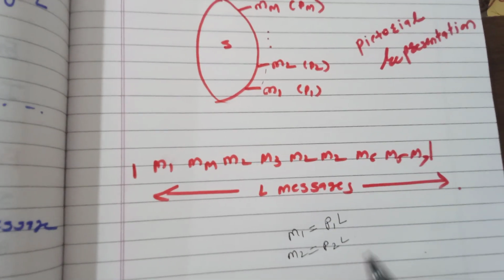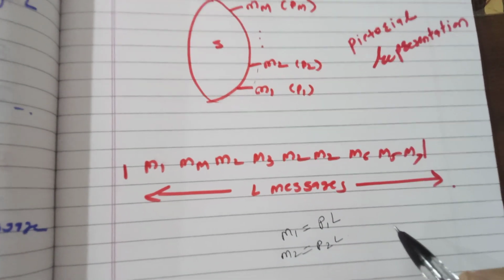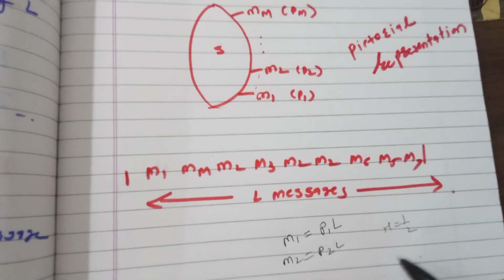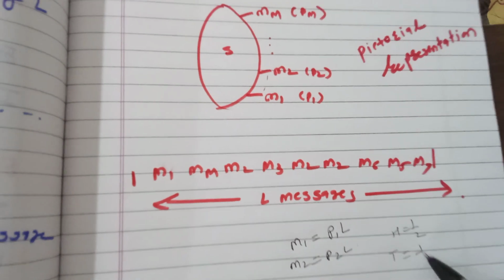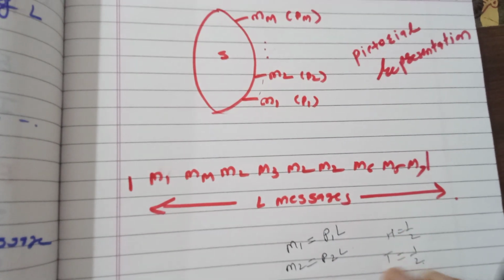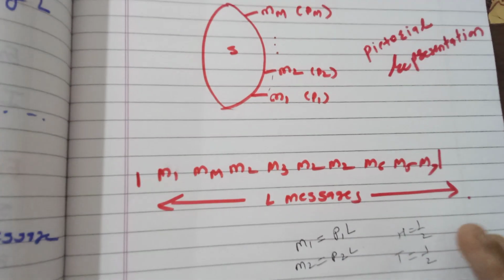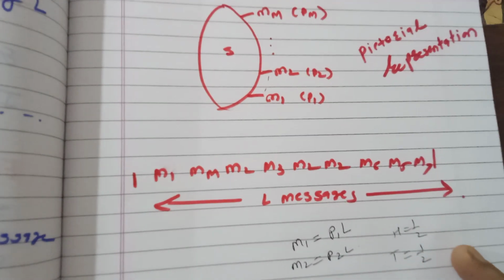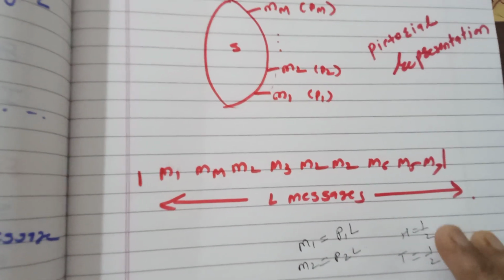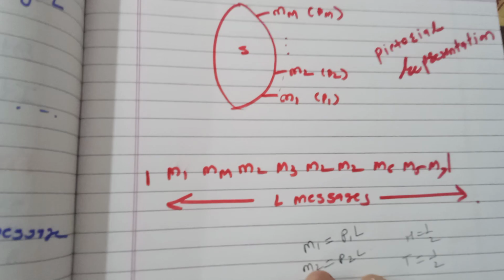As we say, if we toss a coin, the probability of occurrence of head is 1 by 2 and the probability of occurrence of tail is 1 by 2, because if you toss the coin you can get head or tail, and both have the same probability.